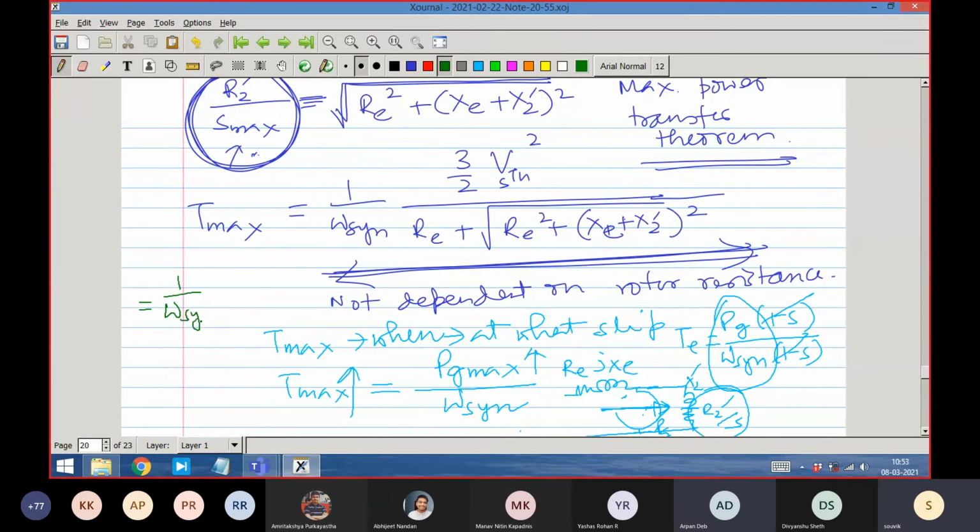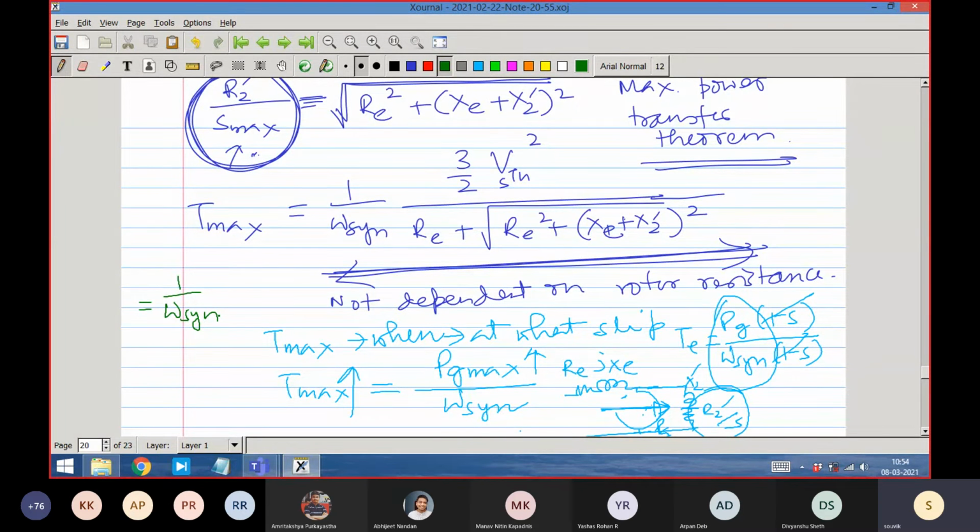Sir, by saying you are changing omega synchronous, do you mean you are changing only the number of poles, or are you changing the main frequency also? Means in place of 50 hertz you are using 60 hertz like that? It's a good question, very good question. At the moment, I will just say that we are comparing 2-pole to 4-pole machines.